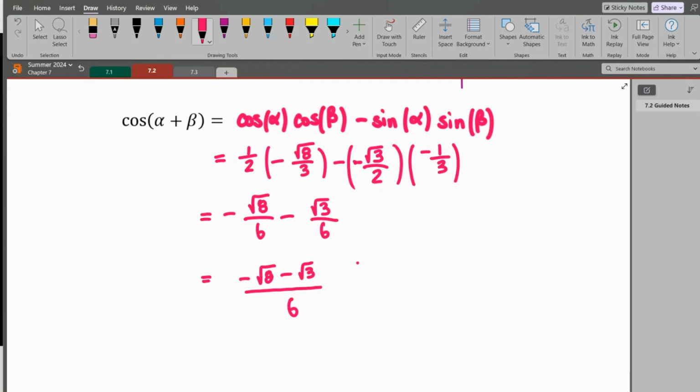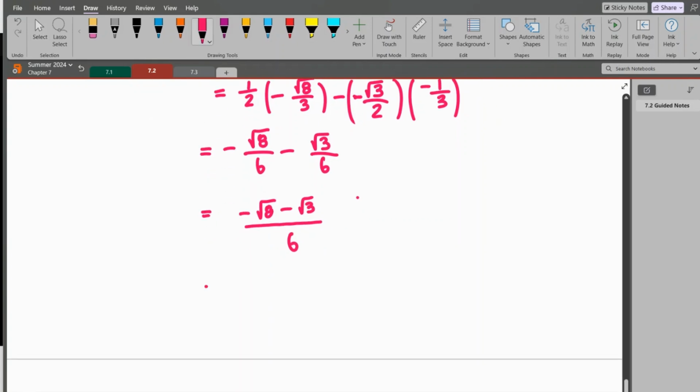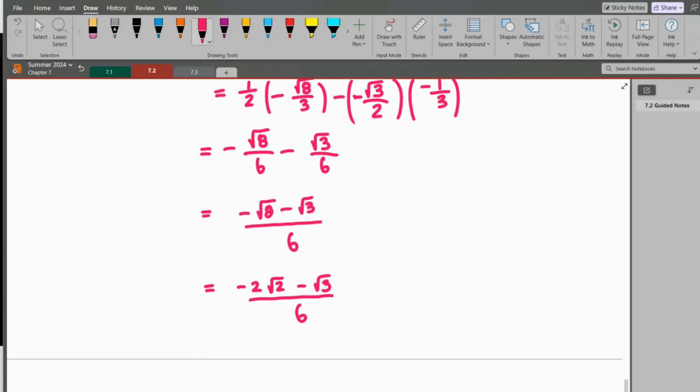Now, you could leave this like this if you want to. If you really wanted to, you could simplify the radical. The square root of 8 is 2 root 2. You could write this like this, but I'm perfectly fine with either one of these.